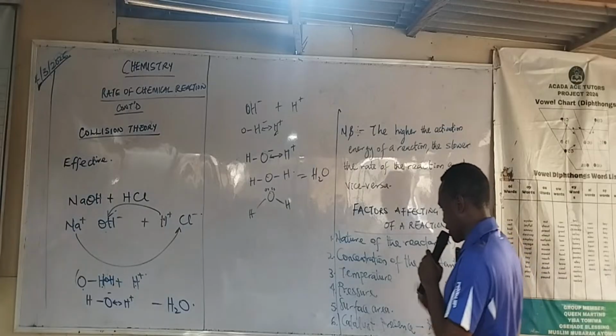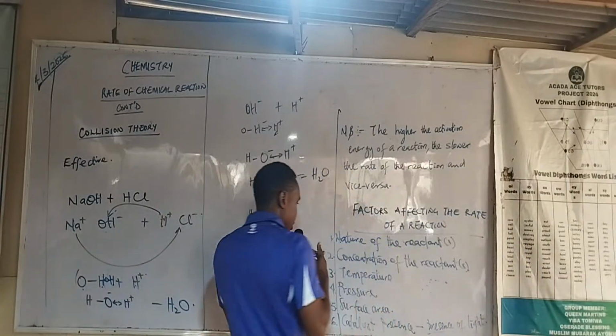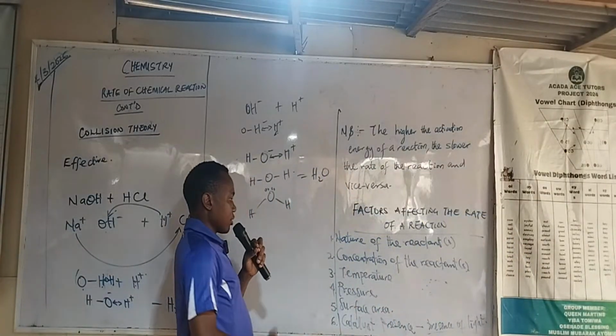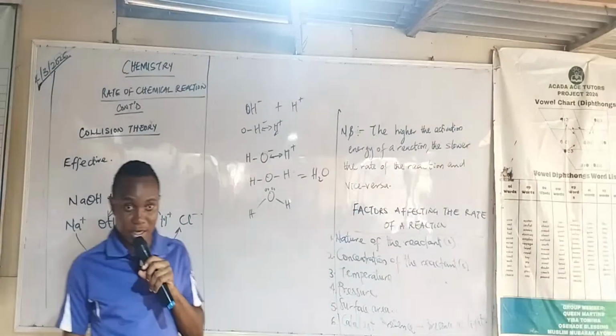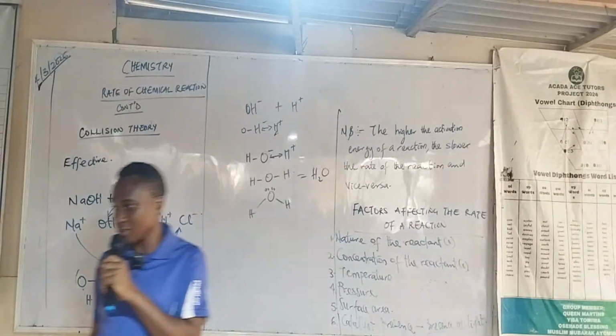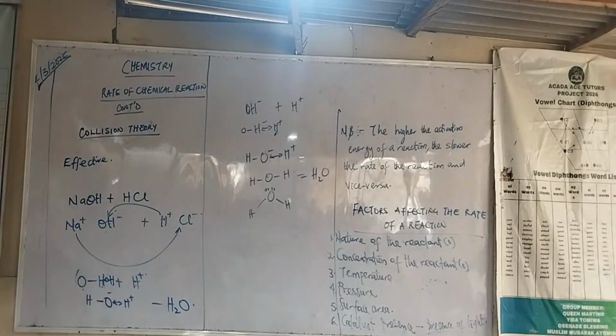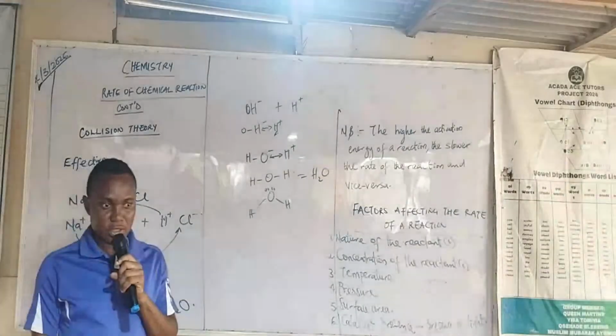Some persons can place this as number 7, but I rather place it under catalyst because light serves as what? Catalyst. Just like the way we cannot be placing heat separately there. Heat is also a what? Catalyst.